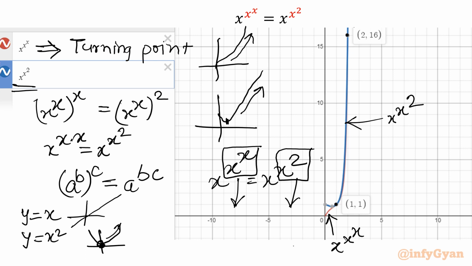So this is the conceptual difference, because a parabola has one turning point, and a line doesn't have any turning point. That is why it has a starting point from the origin, and the second one, x power 2, has its starting point at a value, but it attains minima, then reaches towards infinity. This is the conceptual point. And see, there are two solutions, x is equal to 2 and x is equal to 1, which we already proved through algebra.